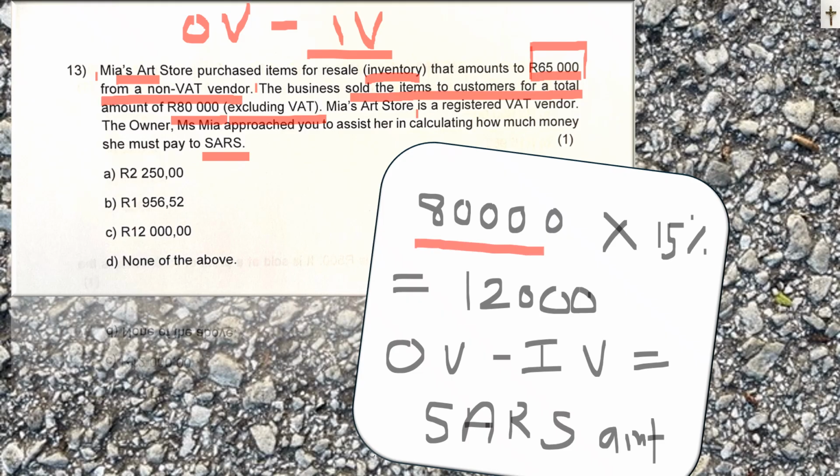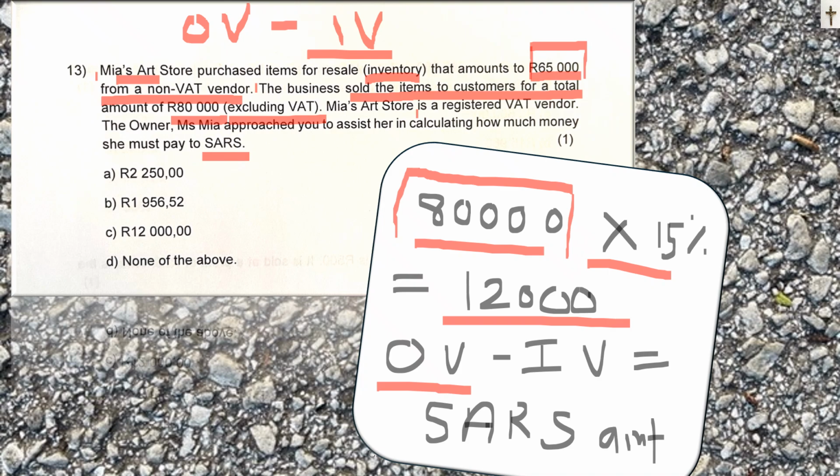She sells to her customers in total 80,000, but this excludes VAT. To get the VAT amount, must multiply by 15% because VAT is 15%. That is output VAT, which is 12,000.